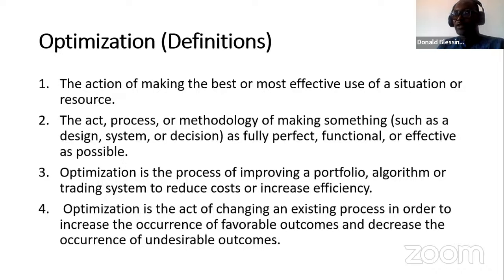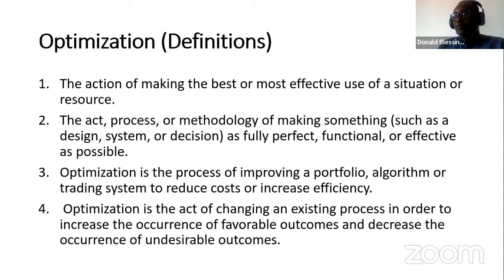Optimization is the process of improving a portfolio, algorithm, or trading system to reduce costs or increase efficiency. Optimization is the act of changing an existing process in order to increase the occurrence of favorable outcomes and decrease the occurrence of undesirable outcomes.